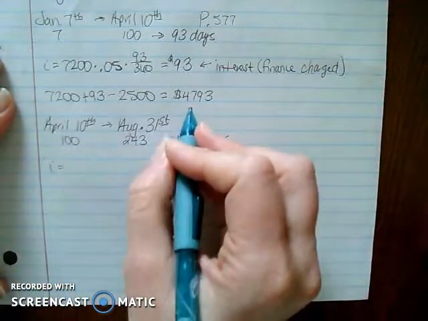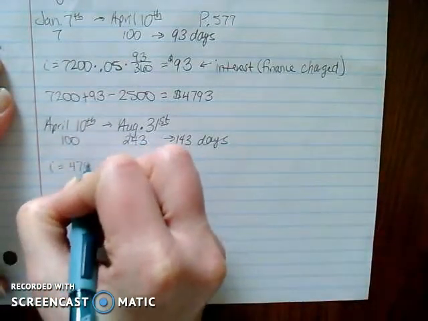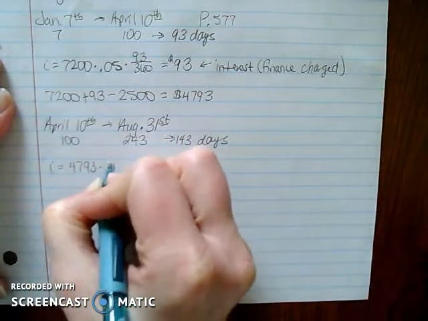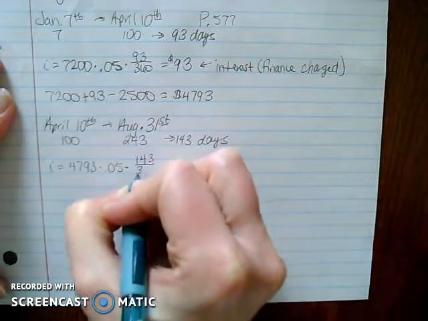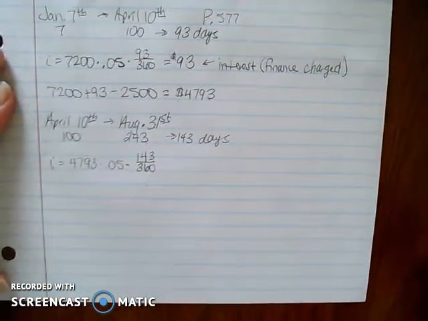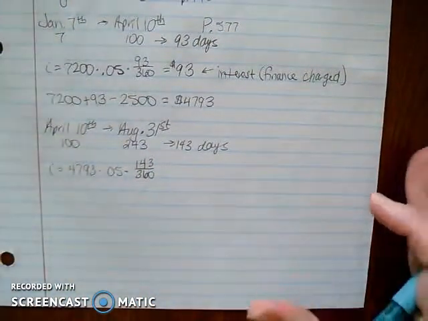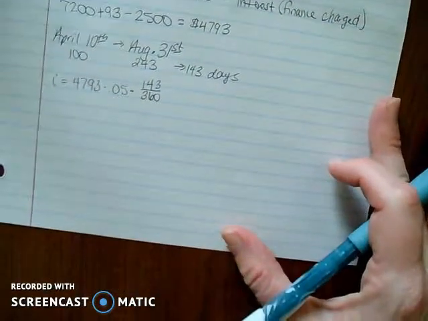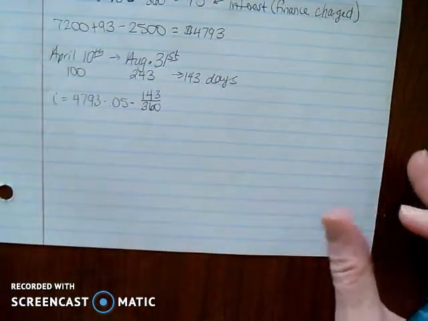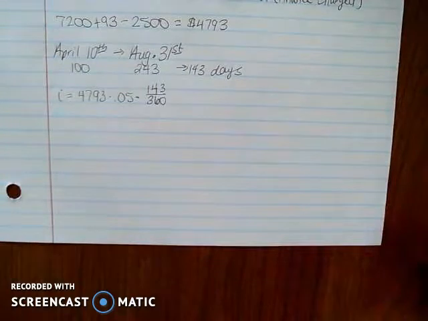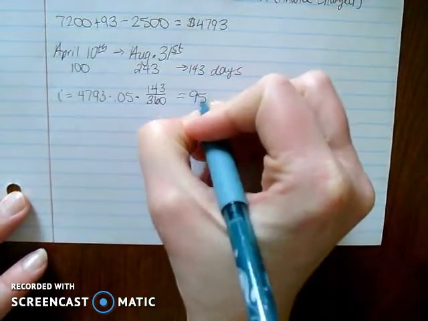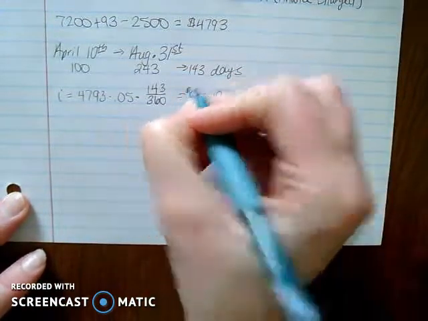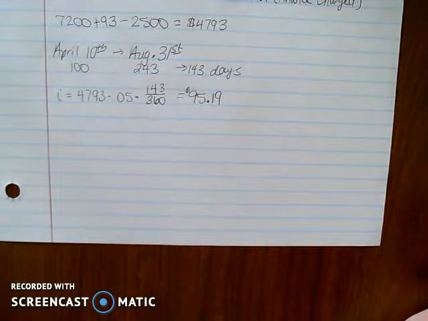Your interest is, instead of $7,200, $4,793 times 0.05 times 143 out of 360. Okay, so hopefully these aren't difficult mathematics-wise. They just are pretty long problems. And you'll see that with a lot of these problems in Chapter 11. They're just pretty long problems. So we should get $95.19 for that. So we're always going to round to the nearest hundredth since it's money.